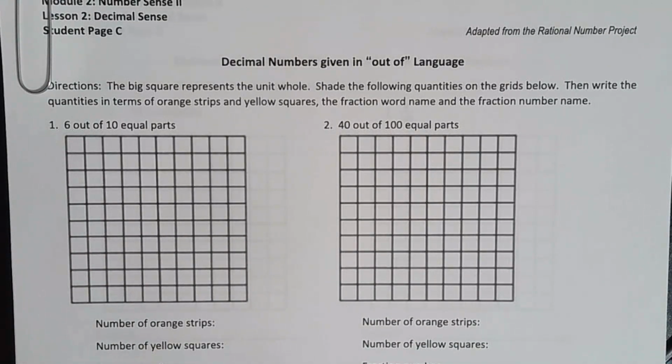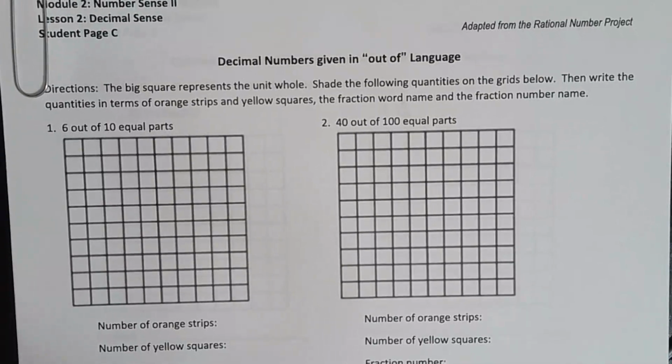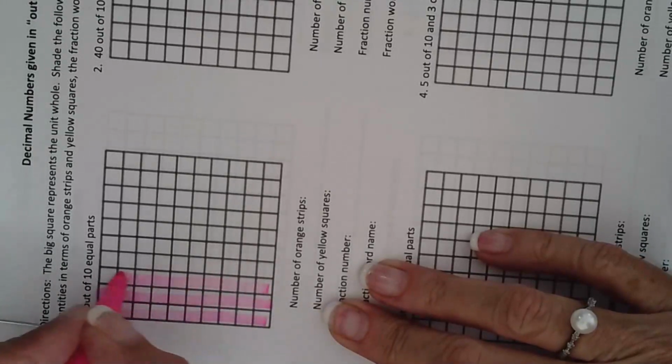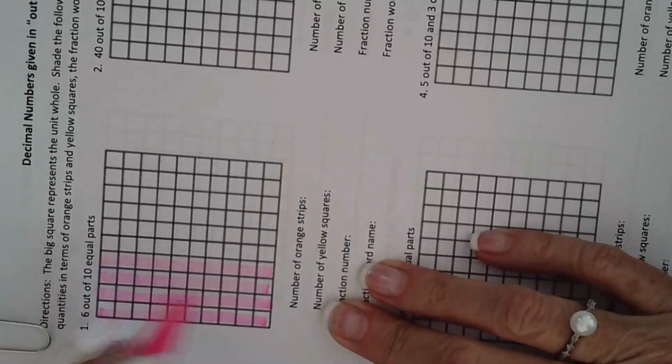Shade the following quantities. Write the quantities in terms of orange and yellow, the fraction word name and the fraction number name. So they want 6 out of 10 equal parts. So hopefully everybody understands that that wants us to do 6 strips. So we have 1 strip, 2 strips, 3 strips, 4 strips, 5 strips, 6 strips.